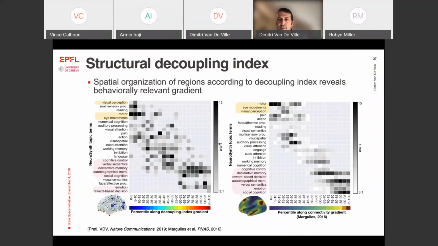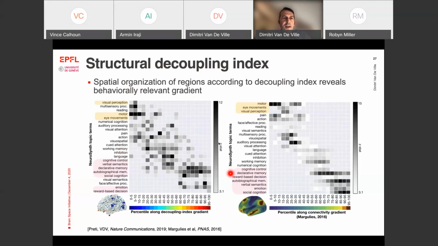And something very nice is that when we replicate the link with behavior, using the same analysis as proposed by Daniel Margulies in 2016, by linking it with neuroscience, we indeed see that using the structural decoupling index we reveal a gradient in the brain that clearly goes from more low-level processes to high-level ones, very similar to the one that was revealed by Daniel in his paper using functional connectivity gradients.